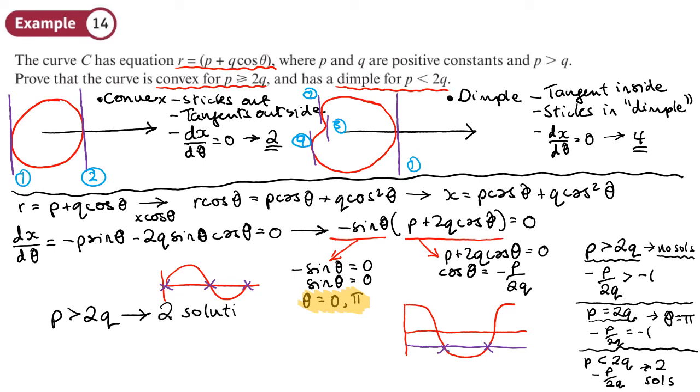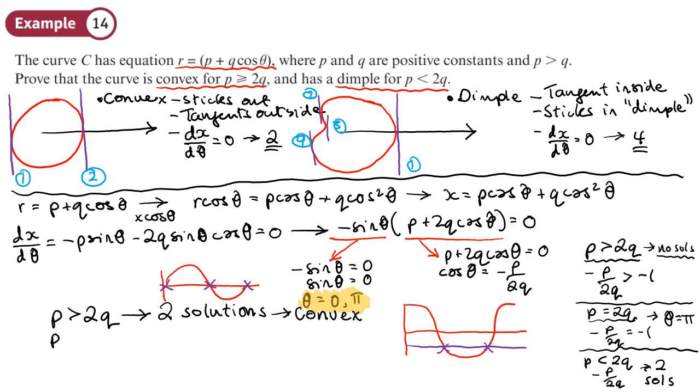Now if there's only two solutions, that means there's only two of these tangents, these perpendicular tangents. So if there's only two solutions, two tangents, it basically means that the graph is convex. That's the first diagram.